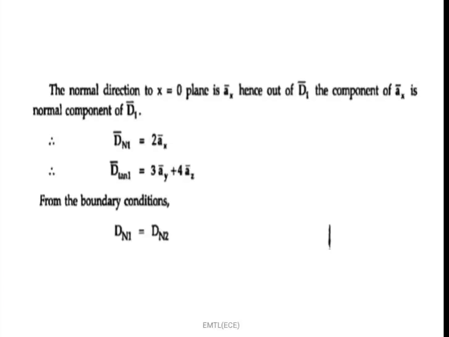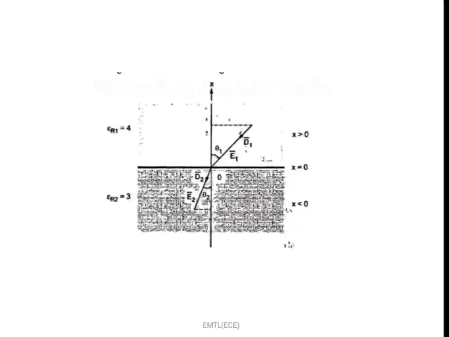So the D normal 1 is equal to 2 ax bar, and D tangential 1 is equal to 3 ay bar plus 4 az bar. So here, this is the along permittivity.